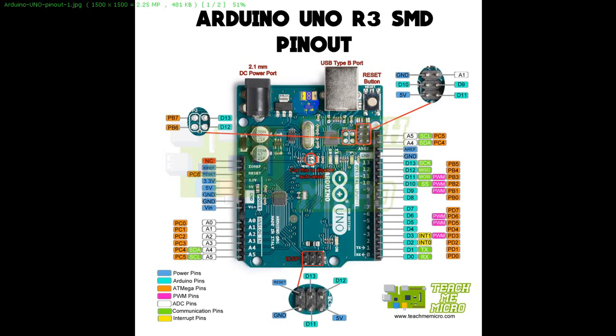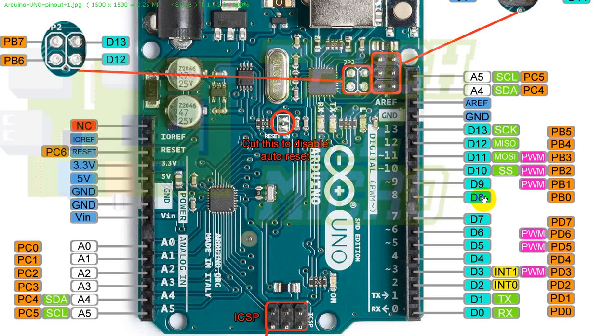What we are going to do is connect an LED at pin number 8 over here, and we will turn the LED on and off, then blink the LED. This pin number 8 belongs to port B pin number 0, the first pin of port B.